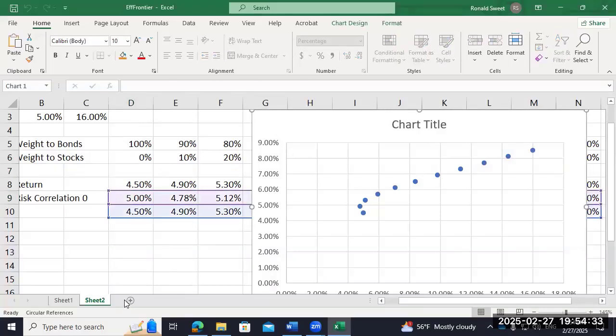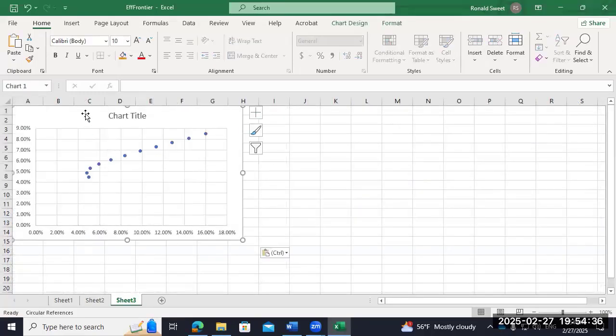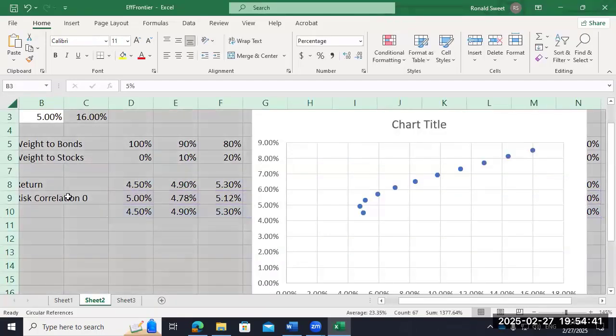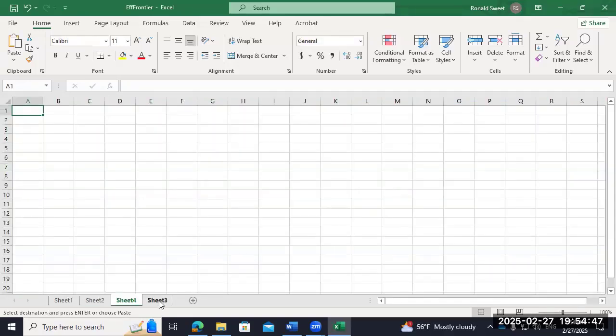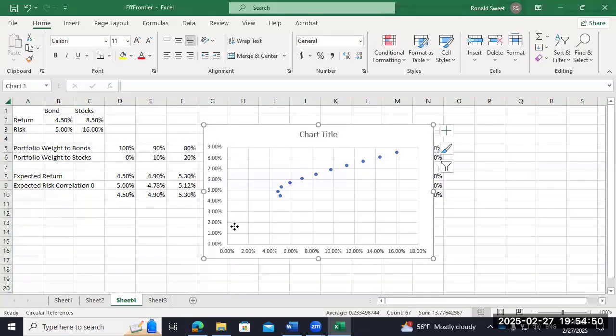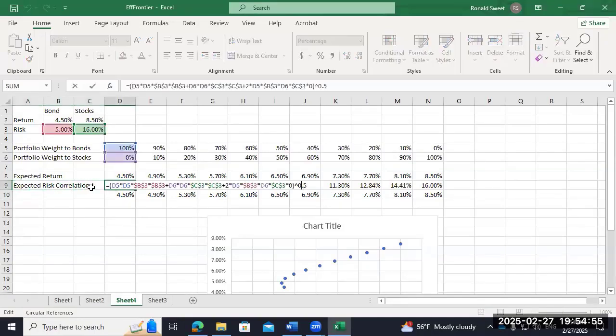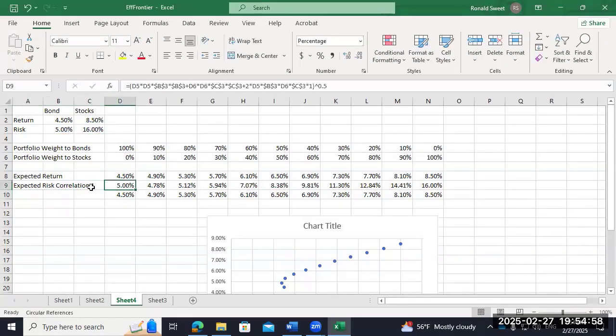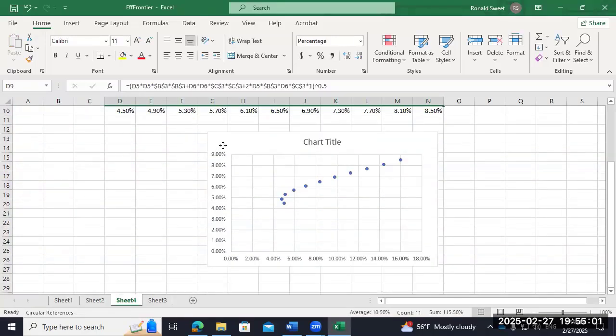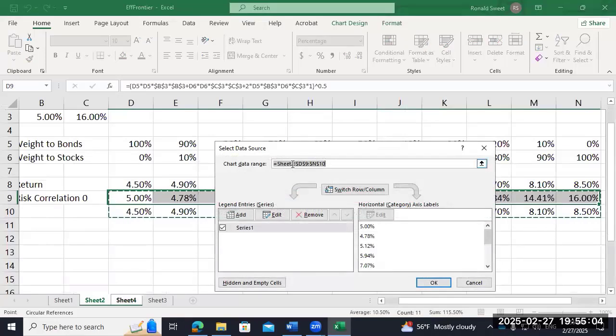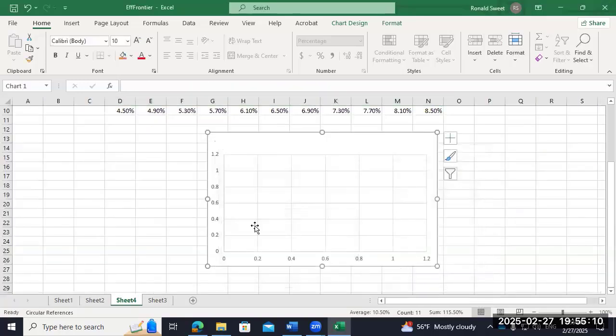Let me copy this there, and so if we change this to a correlation of one, you're going to get an absolute straight line. Okay, Bill Gates doesn't know how to do this.